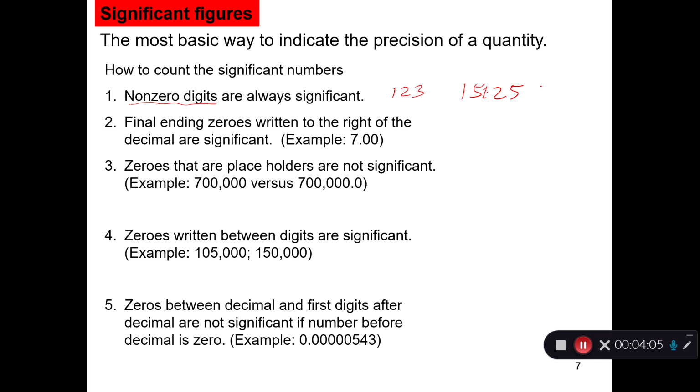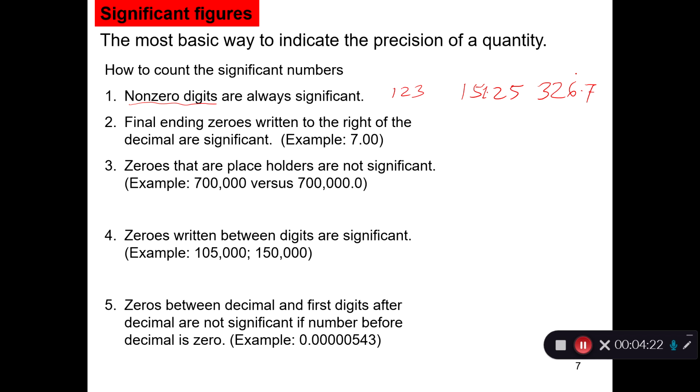If I write 326.7, it has 4 non-zero digits, so 4 significant figures. This is the easy one, the first one.